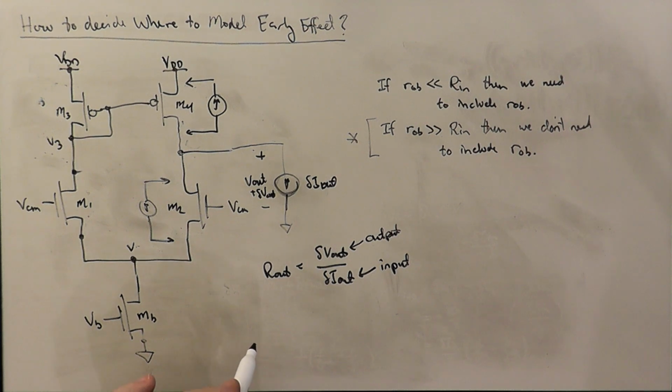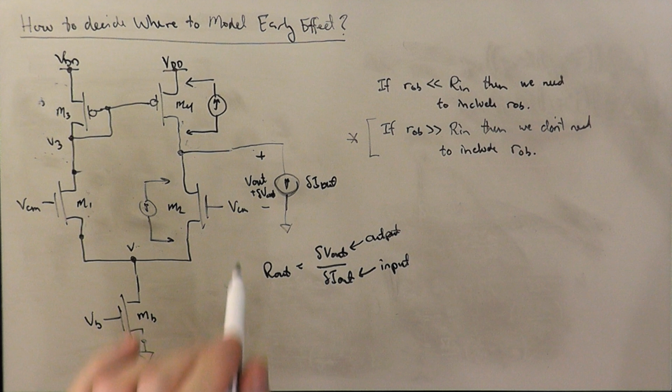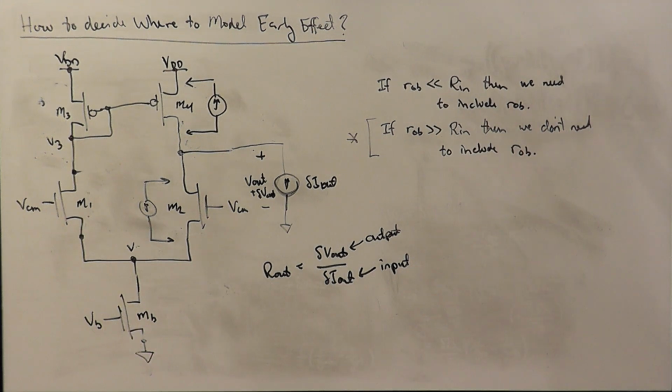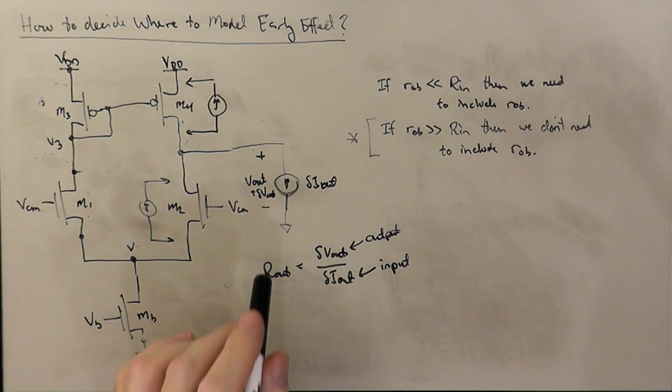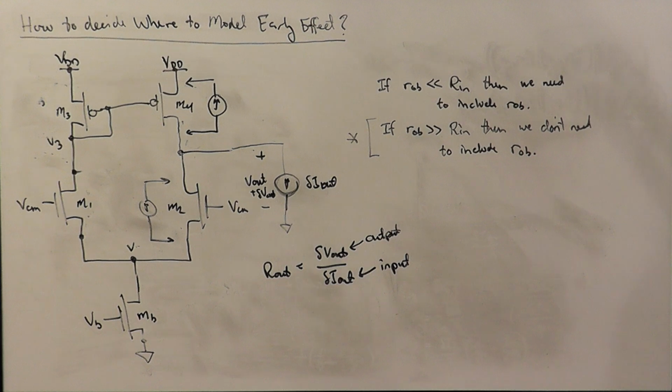Okay? So I would decide I need the RO2 and the RO4 for this phase of the calculation, but not for the GM phase, because the output voltage is being held fixed. Okay, so that's the heuristic that I use when I go through a circuit and try to decide where to account for the early effect.